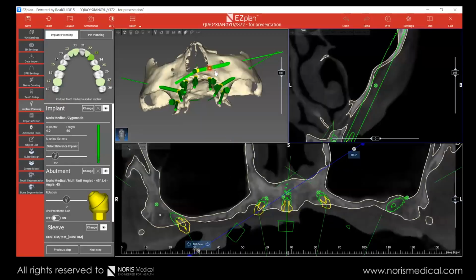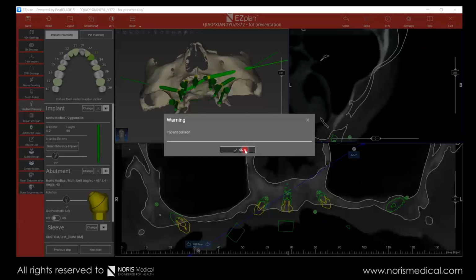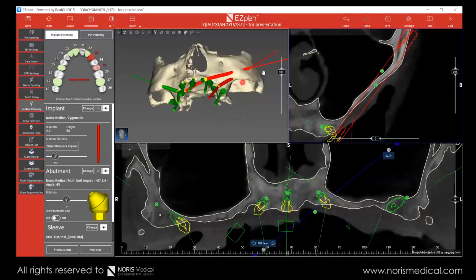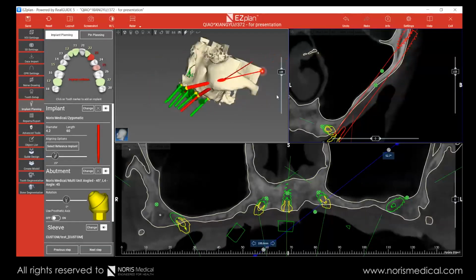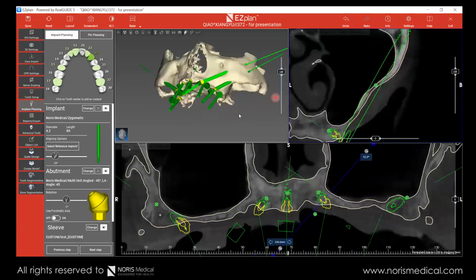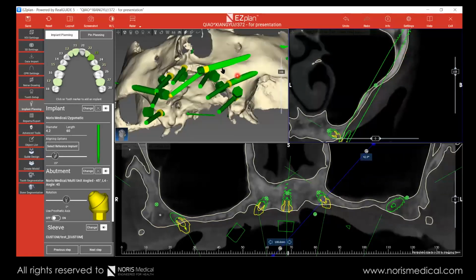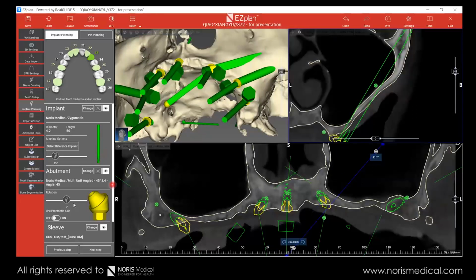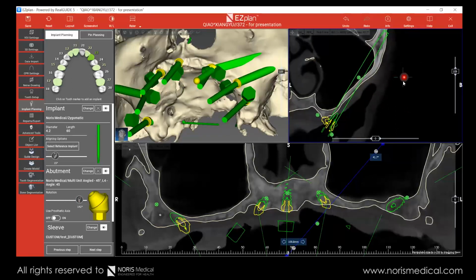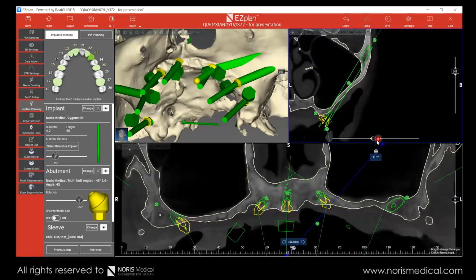Okay, so I have an implant here, but I'm trying to check right now if we have enough space, if we plant a posterior implant in such a way that it would leave us the ability to position an implant in the future, okay? This is what we talked about before. And we see we can. See, we have the implant here.